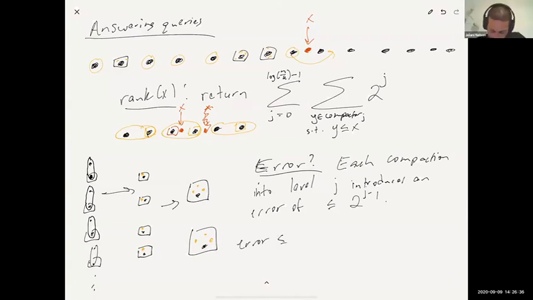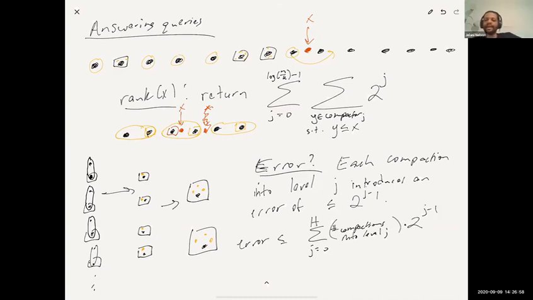All I can say is that the error is at most the sum over j from 0 to, let's say this is the highest level compactor, of the number of compactions into level j, times 2 to the j minus 1. So that's all I can say.